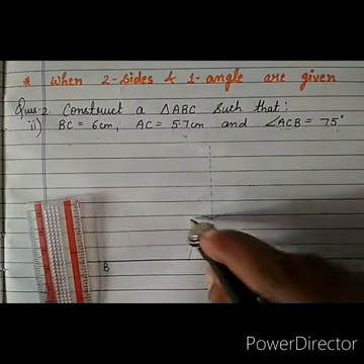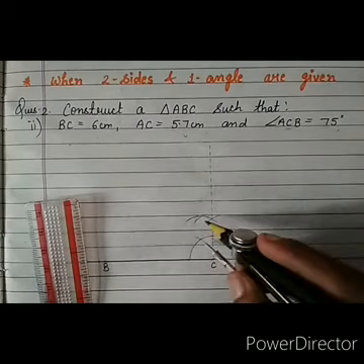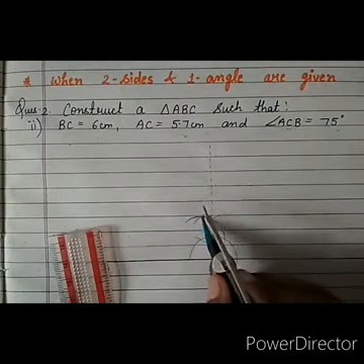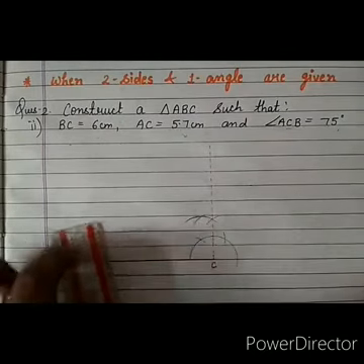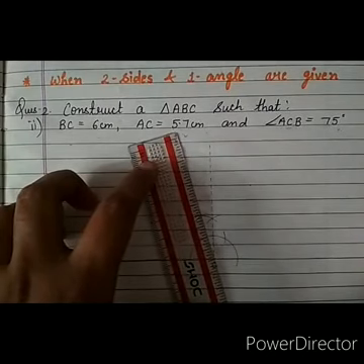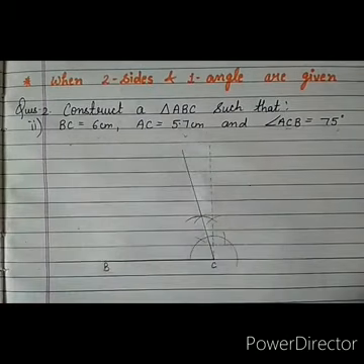So here make two arcs in this way. Now this is the intersection point of these two arcs. So join it with point C with the help of a complete line in this way. So this is the angle of 75 degrees.